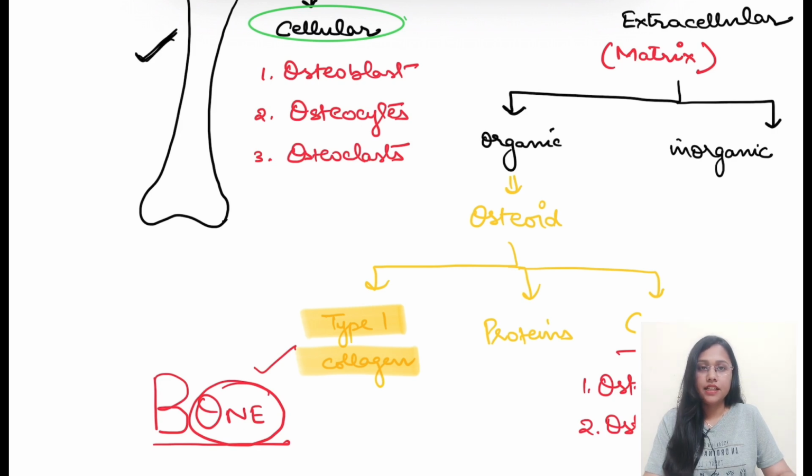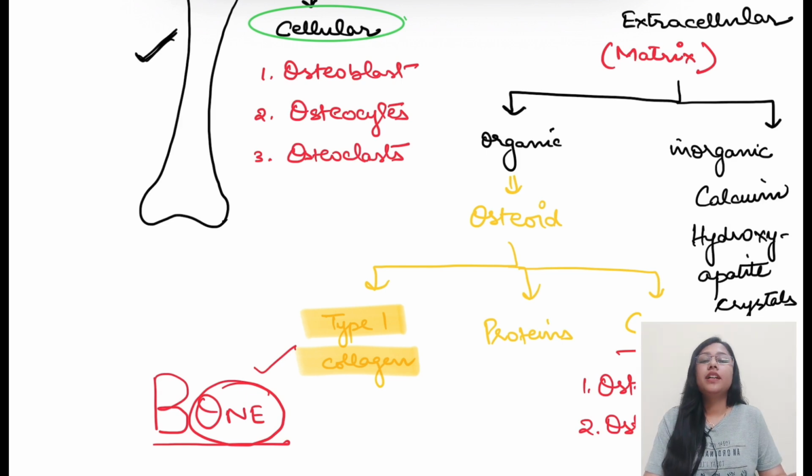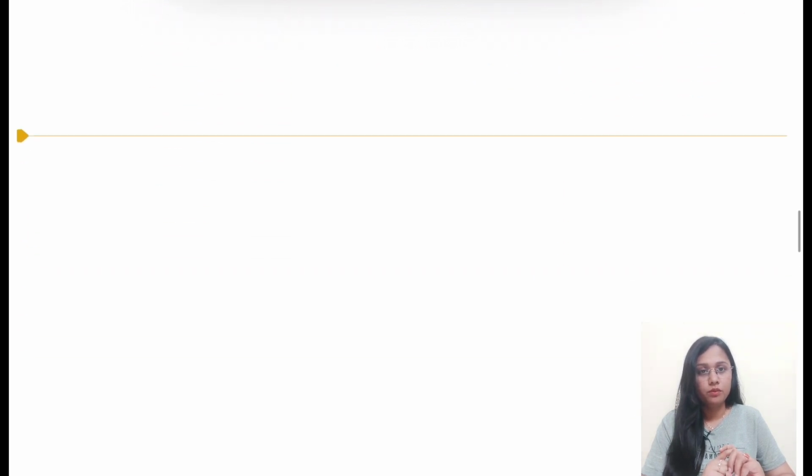It is basically calcium hydroxyapatite crystals. So till here we have known how the bone is formed and what is the composition of the matured bone.